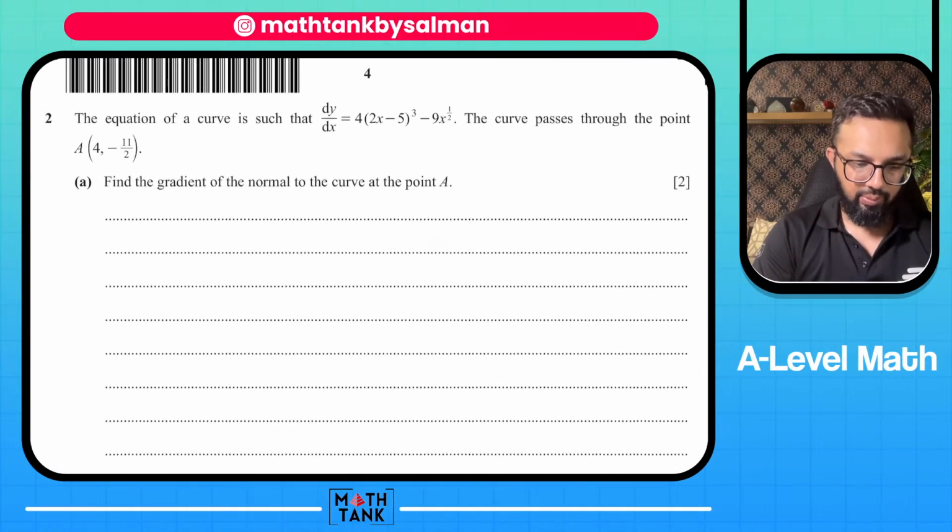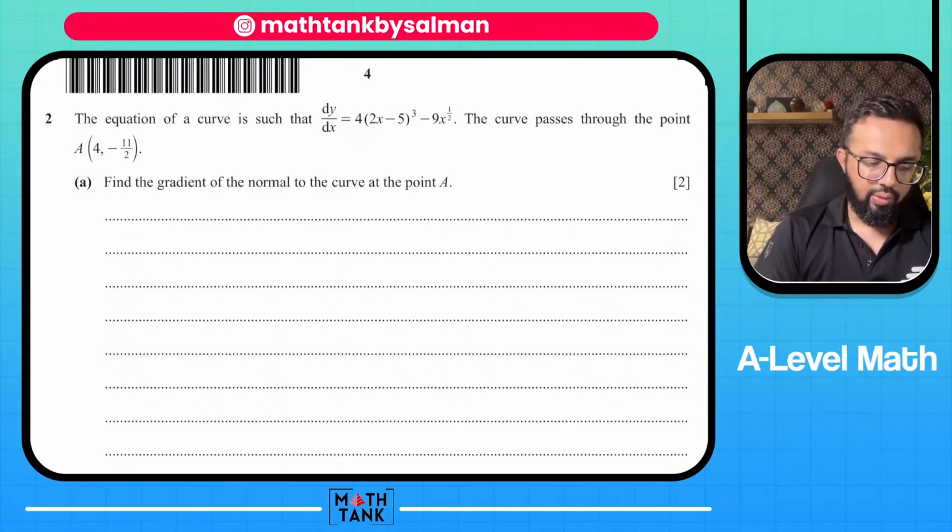Okay, moving on. The equation of the curve is such that dy by dx is equal to this, and the curve passes through the point 4 comma minus 11 over 2. Find the gradient of the normal to the curve at the point A. So I just have to place the value and then take a negative reciprocal.